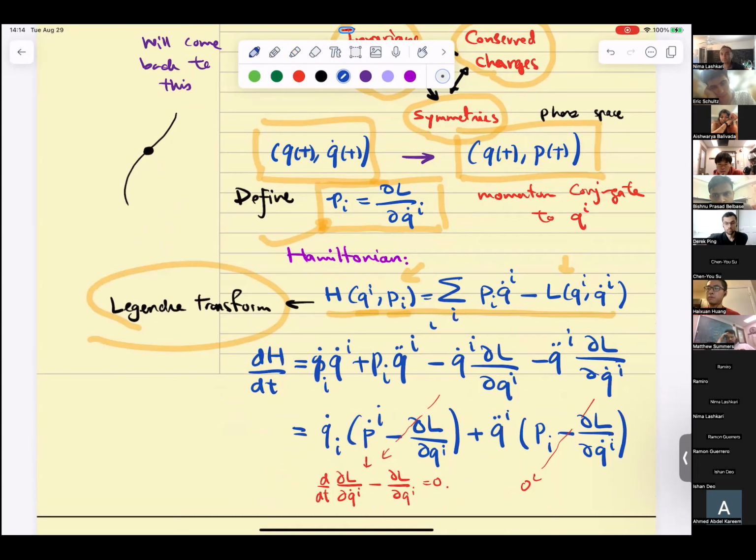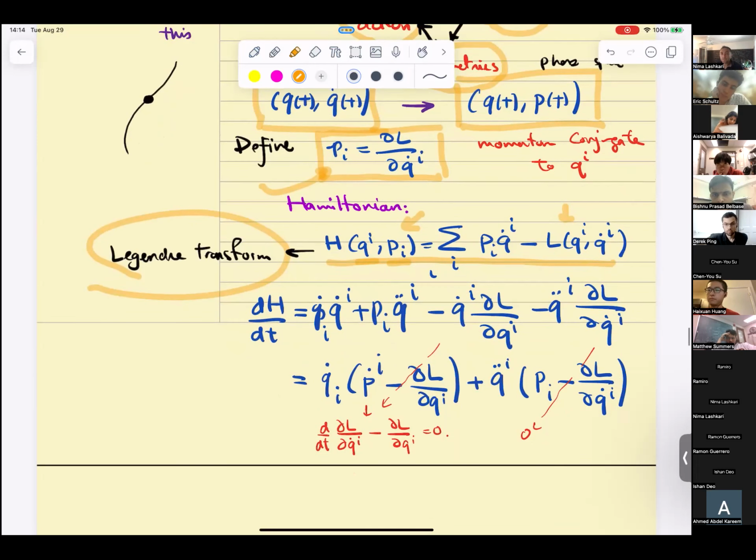This is called a Legendre transform in math, and you do it outside of the context of physics as well. Why do you do it? For the following reason. Take this function and take a time derivative. You take a time derivative of this term, and of this term. The first term will give you 2 terms, the second term will give you 2 terms. You package them in the following form.